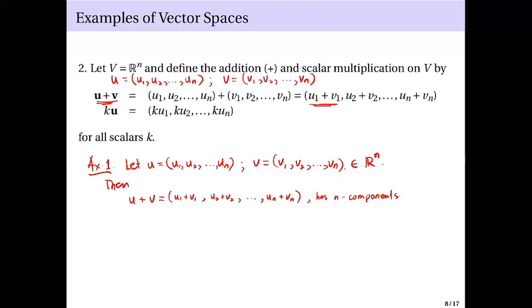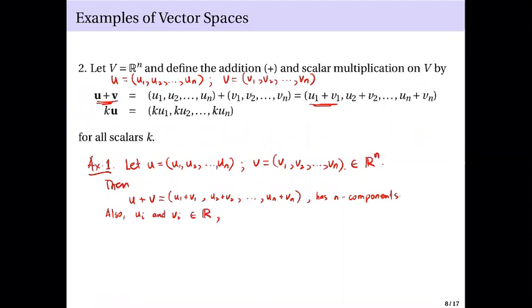Also, each component, say ui and vi, which are in the same location, are real numbers.